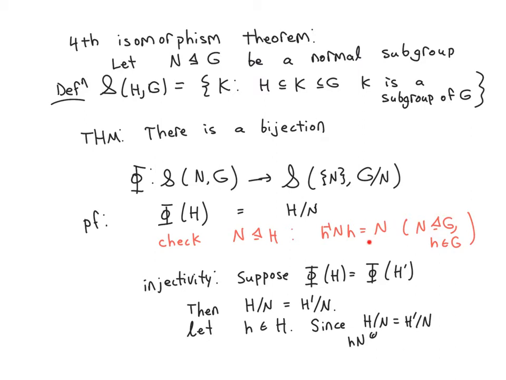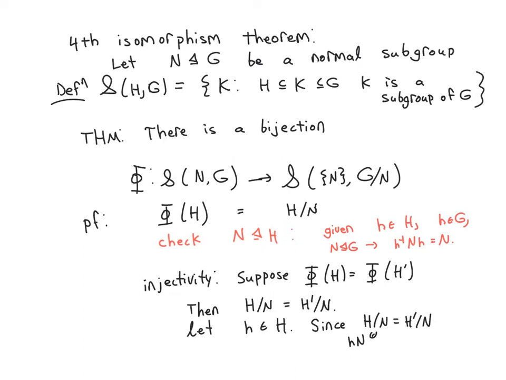This is already true because H is a subset of G, and you're already assuming N is normal in G. That is, given an element in H, it's also an element in G. Since N is a normal subgroup of G, by definition of being normal, h inverse N h is equal to N. Therefore, it's true for every element in H. Therefore, N is a normal subgroup of H.